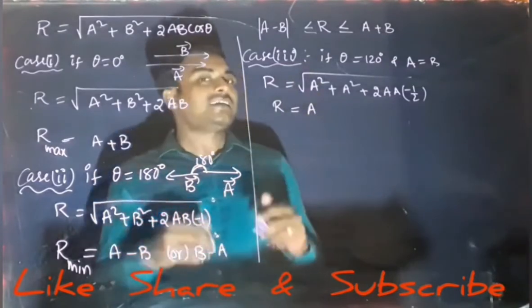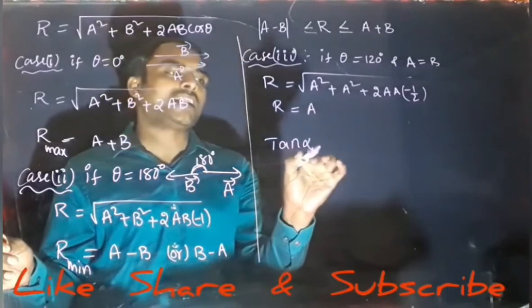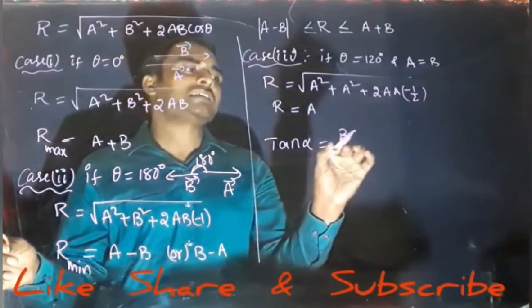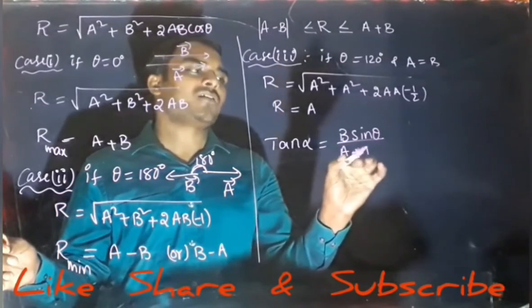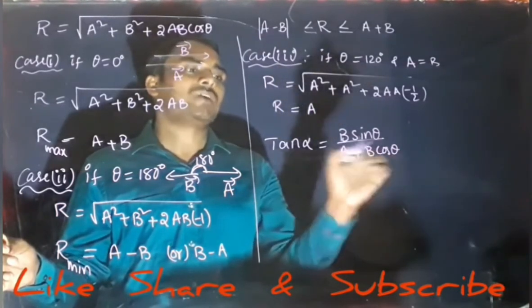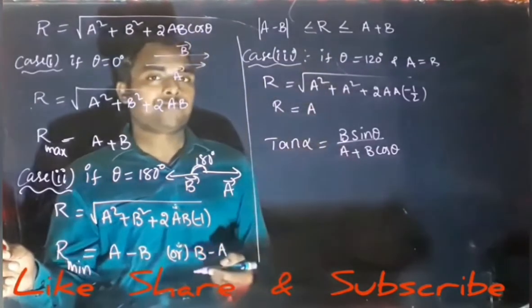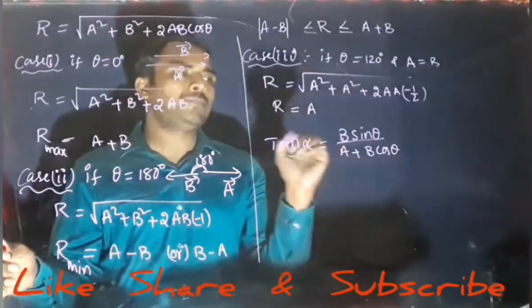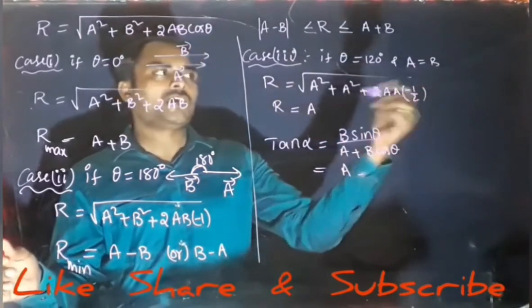In this case, let us find alpha also. We have the tan alpha formula: tan alpha equals B sin theta divided by A plus B cos theta. Alpha is the angle made by the resultant vector with A. B is also equal to A because both are equal.